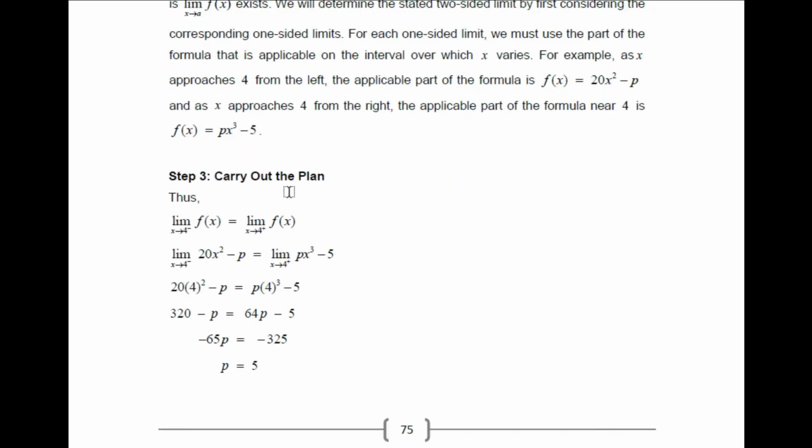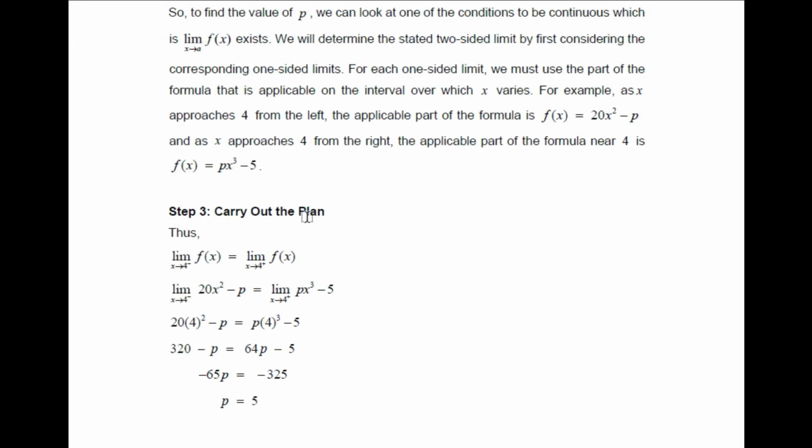So we carry out the plan by using the condition, which is the limit of f(x) as x approaches a. So the limit of f(x) as x approaches 4 from the left is equal to the limit of f(x) as x approaches 4 from the right.